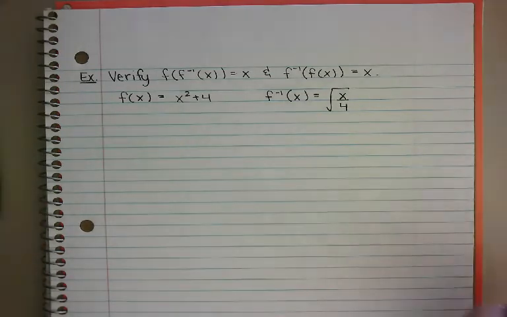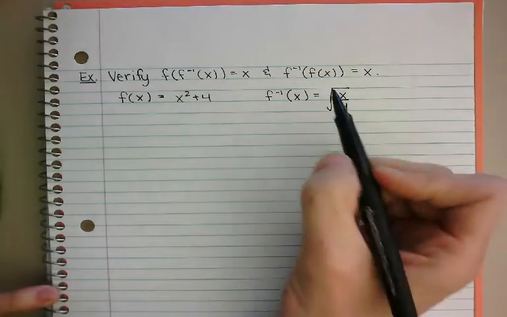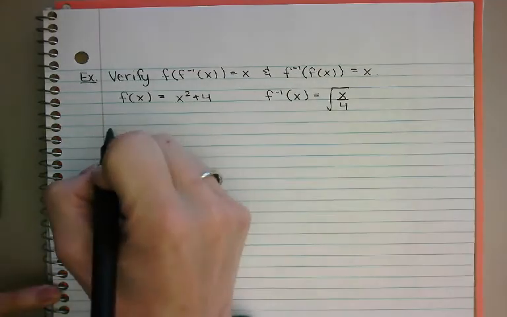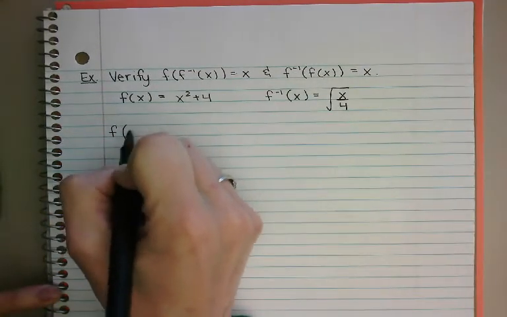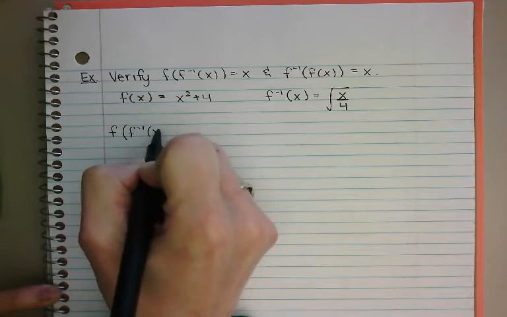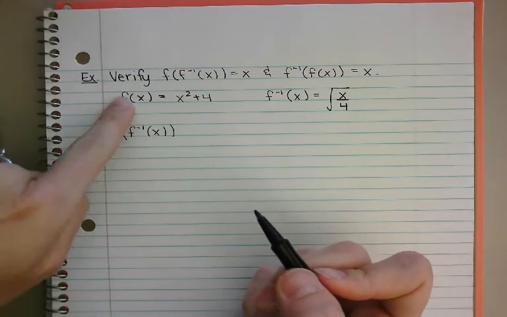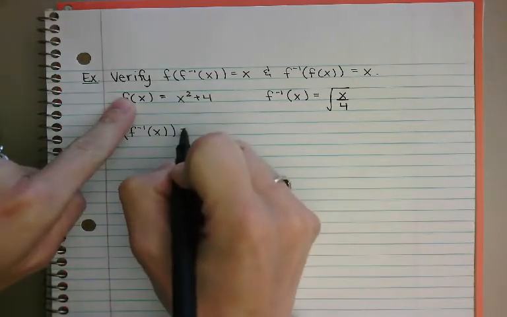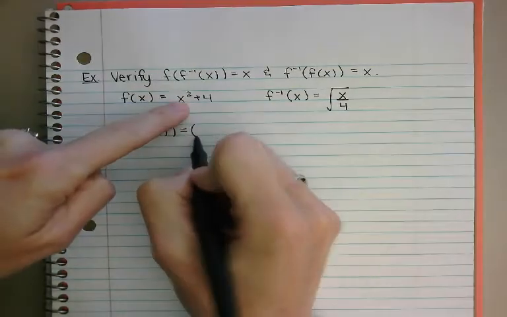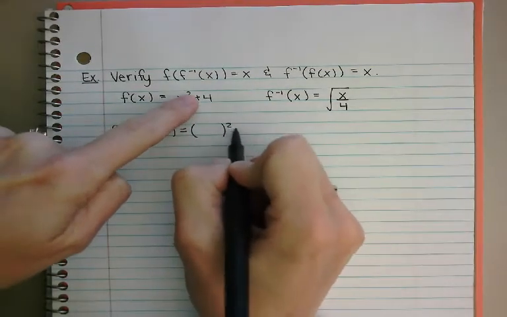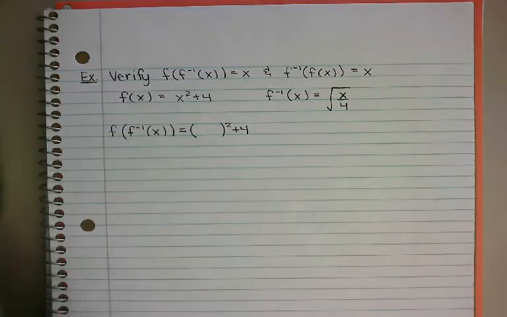In this last example, we're going to verify f of f inverse and then f inverse of f of x. So we're going to first do f of f inverse of x. So you want to go to the original f function, which was this one, and write it out. But wherever there's an x, put a parenthesis, square it, and add 4.